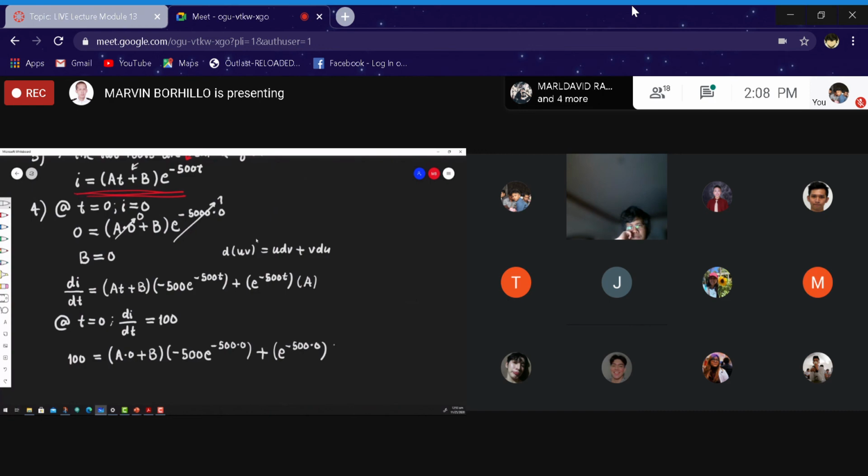Ano ba yung a natin? Wala. Ito yung sinusolve, no? Since alam na natin yung b, burahin natin yung b. Alam na natin pala to. Uy, 0 siya. So, 0 times 0 is 0. Ito, 1. 0 times 1, 0. Ito lang yung magso-survive. Ito, 1 times a. So, our a will be 100. Remember, b is equal to 0, a is equal to 100.